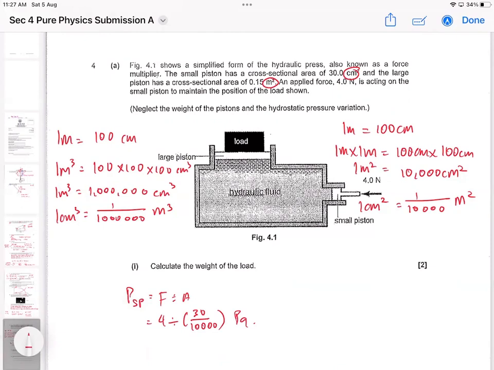And then on the large side, the pressure of the small piston is equal to the pressure of the large piston. So the pressure of the small piston, we have it here, 4 divided by 30 over 10,000 equals, for the pressure, the force, which is the weight, over the area, which is 0.15. This weight here is the force. So you bring it over, you should get a value of 200 newtons.